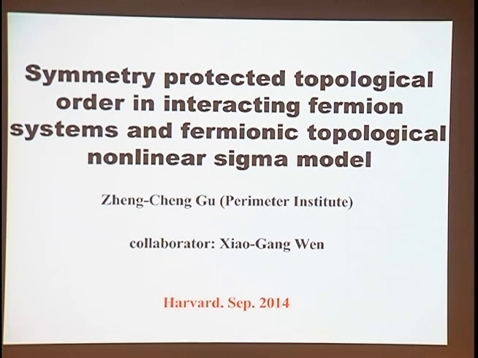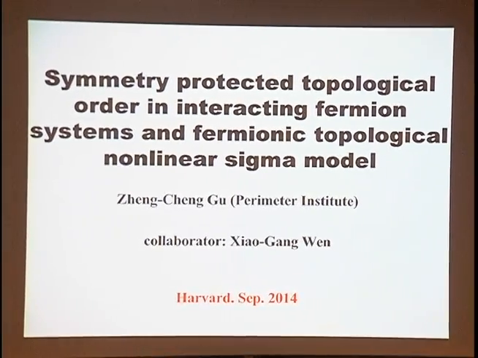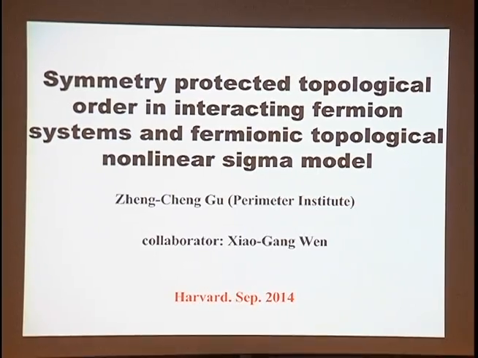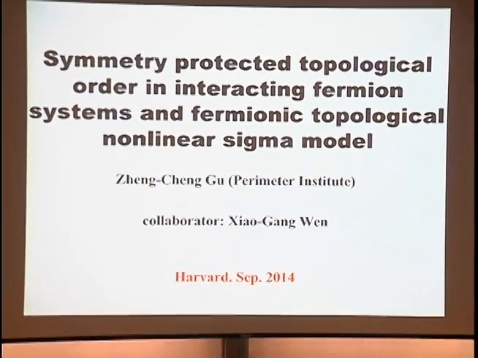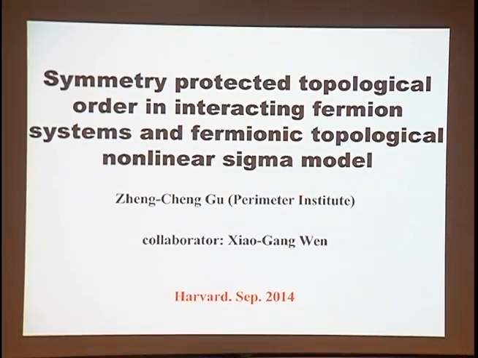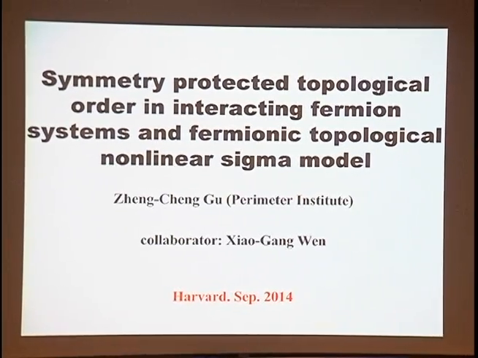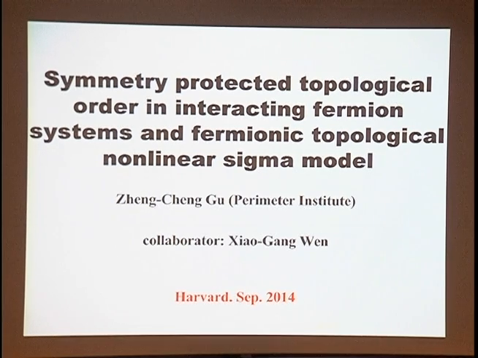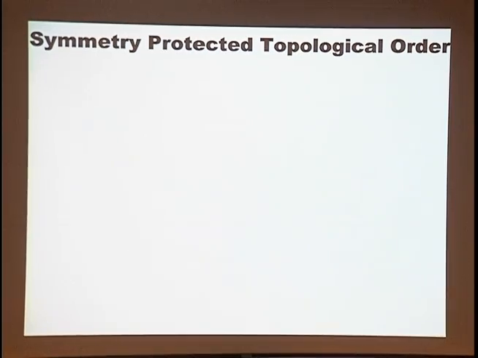We try to propose something called a fermionic topological nonlinear sigma model in discrete space-time. The corresponding mathematical object we call supercohomology theory, which can be viewed as a central extension of the usual cohomology theory.